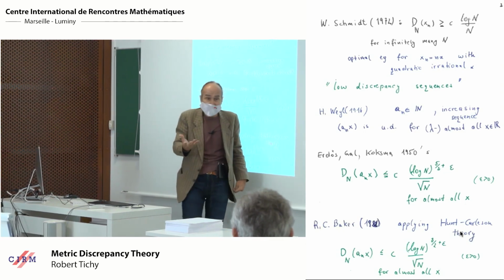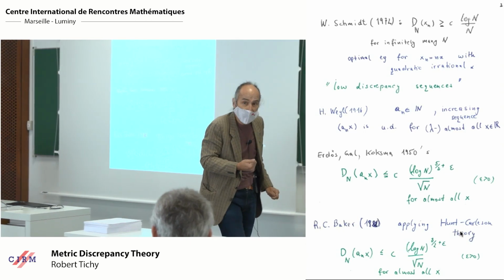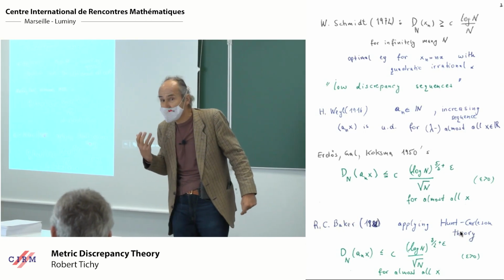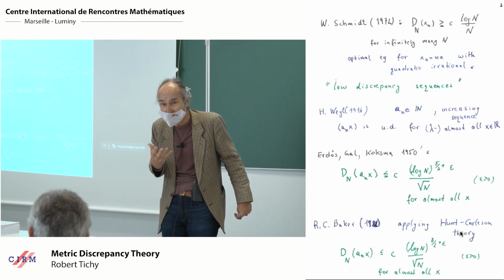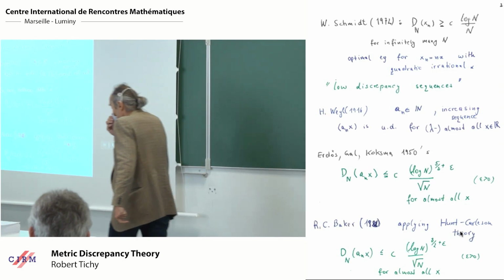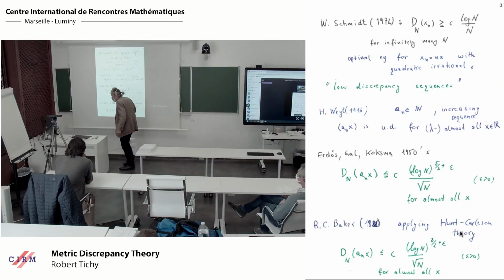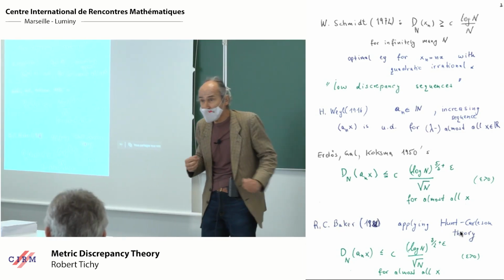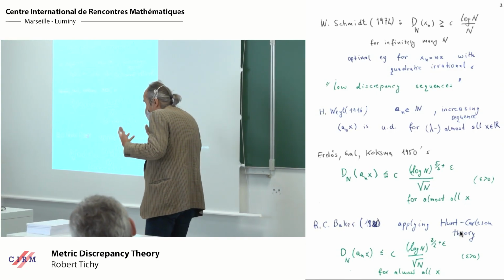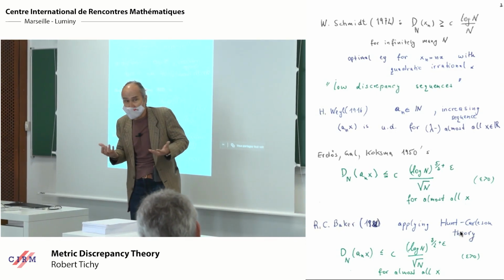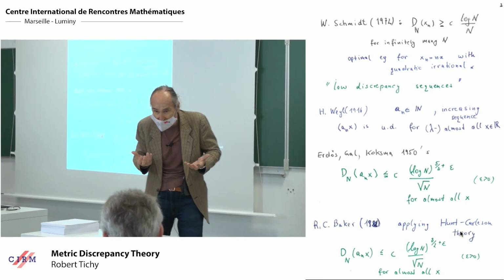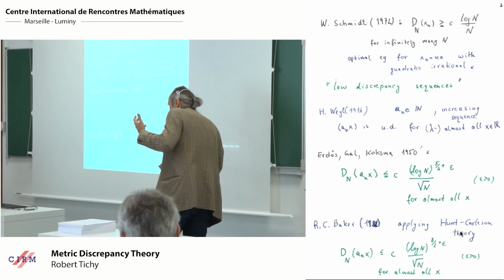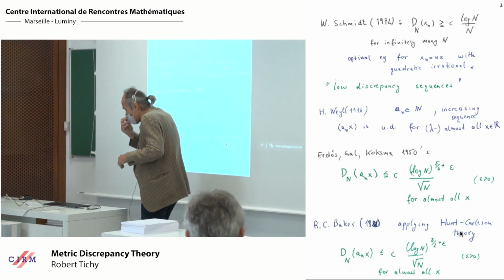And of course, it became an interesting problem to study the discrepancy of such sequences. And this was done step by step. I do not mention all work in this direction, but the classical approach is due to Erdős, Gál, and Koksma in the 50s, who developed a very beautiful machinery concerning exponential sums and estimates of moments of exponential sums.